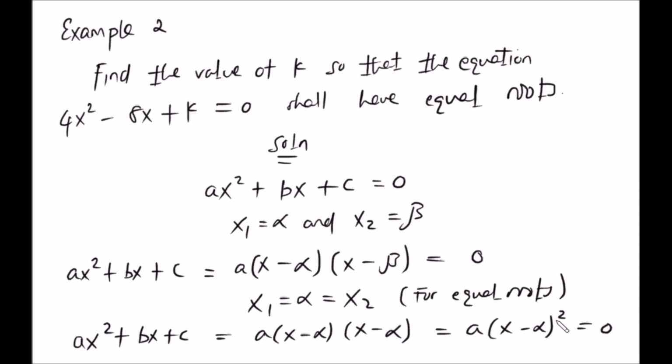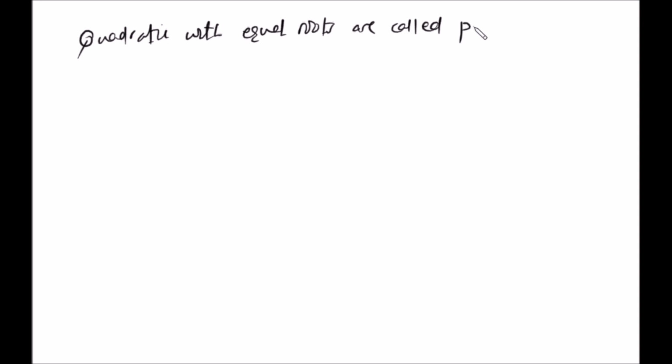Sasa quadratic ambazo zina equal roots zinaitwa perfect squares. So quadratics with equal roots are called perfect squares.